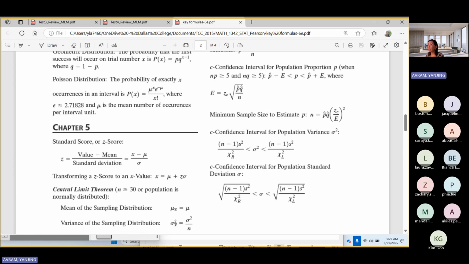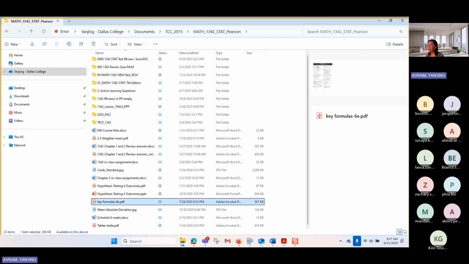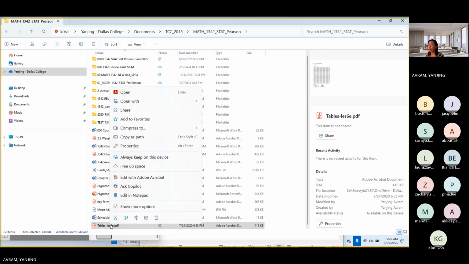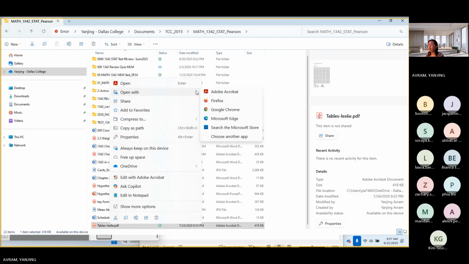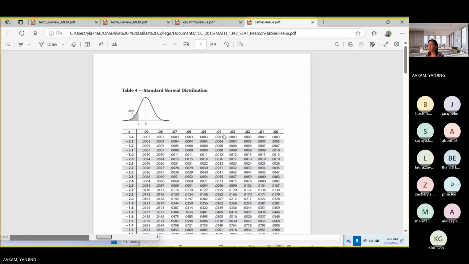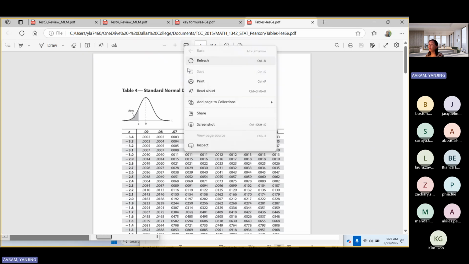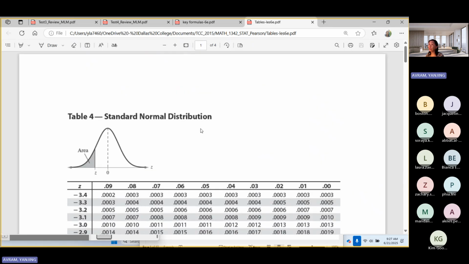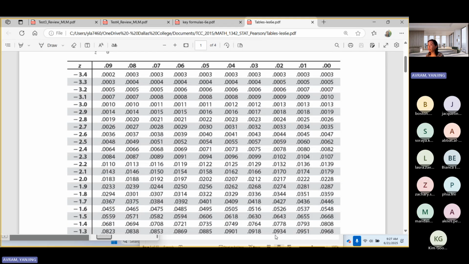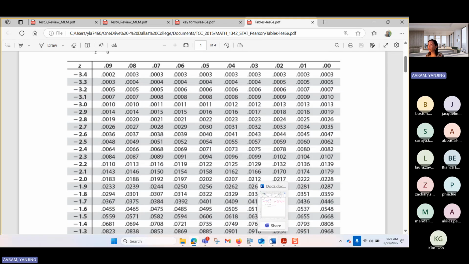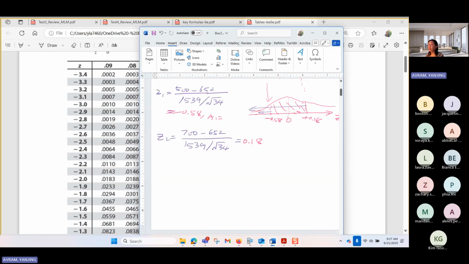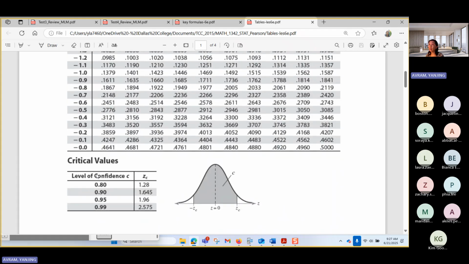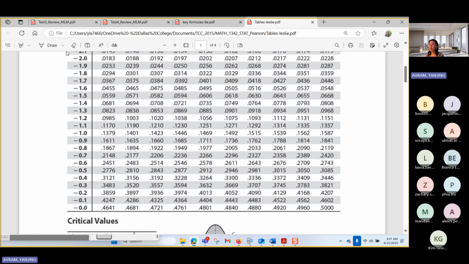Yeah, there you go. And open the table. All right, so I have my negative. So this is another good time to train yourself on how to read the G-score, right? So negative 0.58. So I have a negative 0.5.